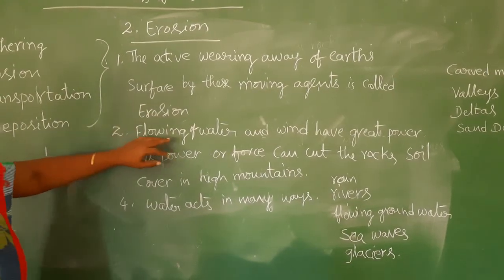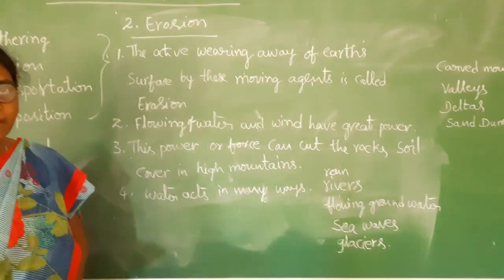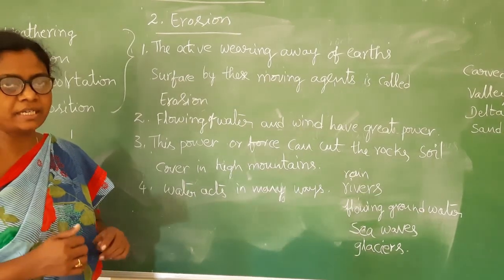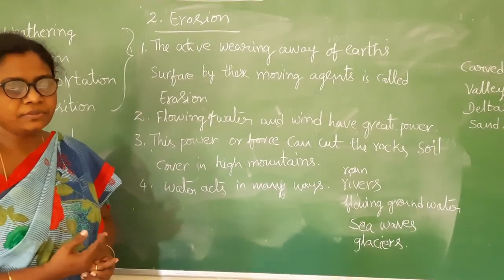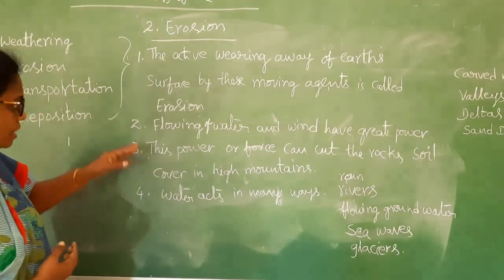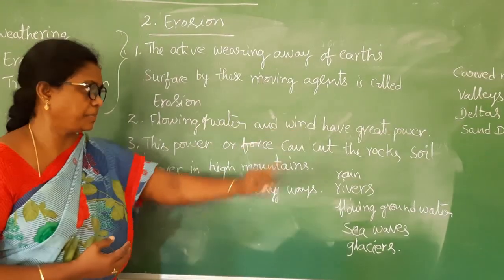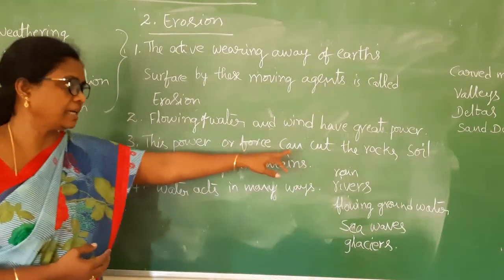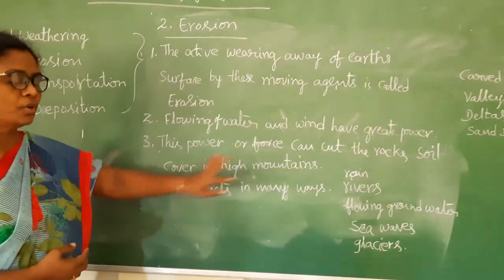And flowing water and wind have great power. We know that wind has power, and water also has force, power, and speed. This power or force can cut the rocks and soil cover in high mountains.